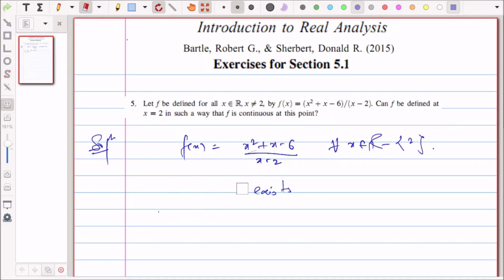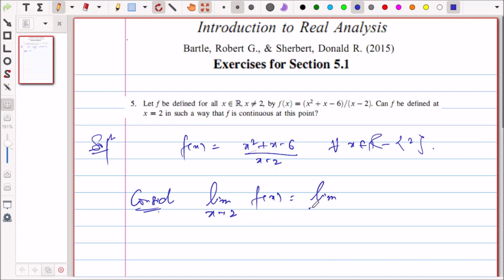To check this, we have to check whether this limit exists or not, and we will use the algebra of limits theorem for that. So consider the limit as x tends to 2 of f(x). This is nothing but the limit as x tends to 2 of (x² + x − 6)/(x − 2). We can factorize this as −2 times 3.